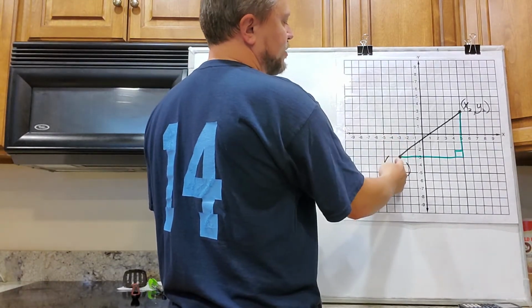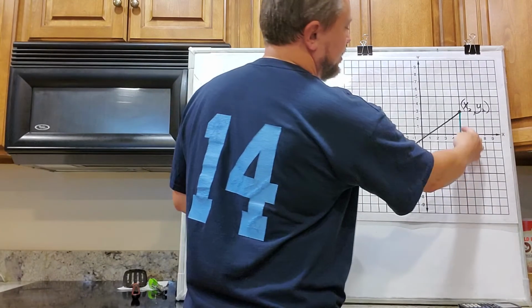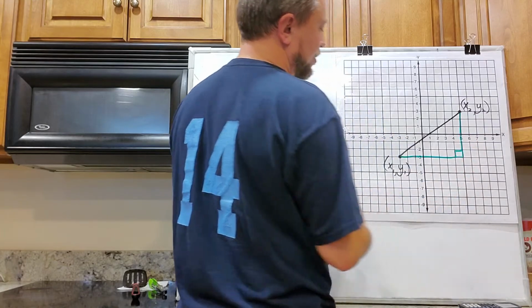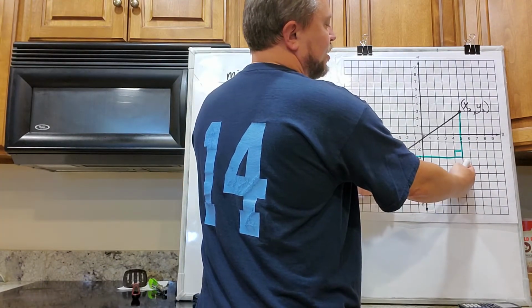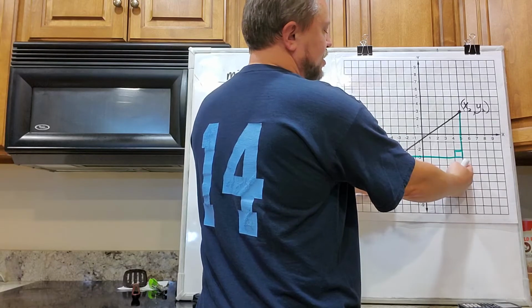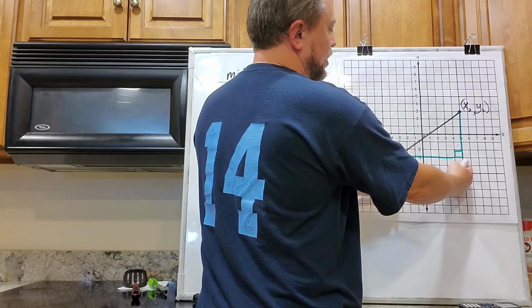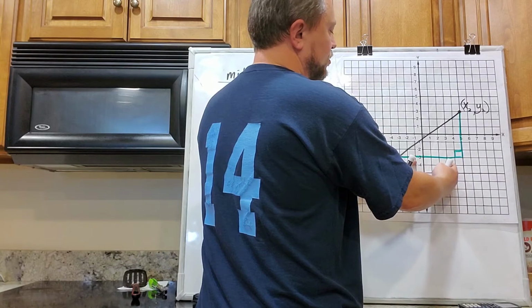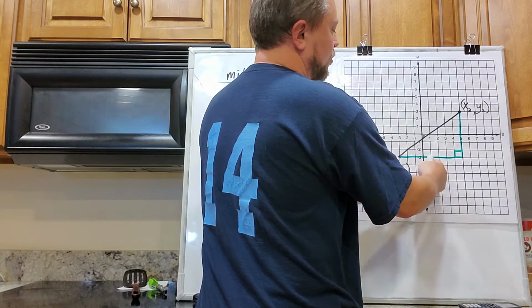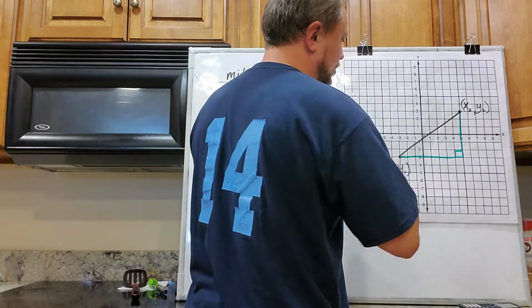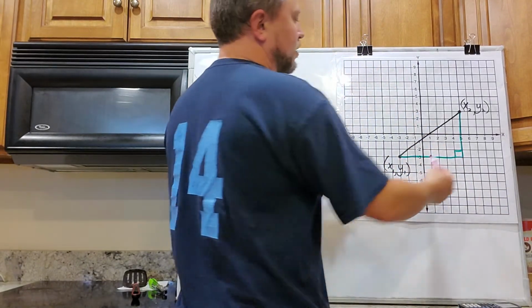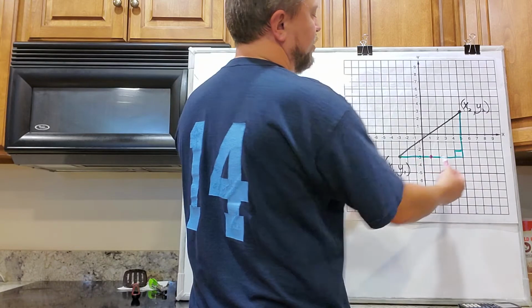Your x value here is -3, and at this end, it's a 5. So if I'm going from -3 to 5, the dead center middle of this would be, if I just keep working my way in, look, 1, 2, 3, 4, right there. Right there is the dead center middle of these x values here.